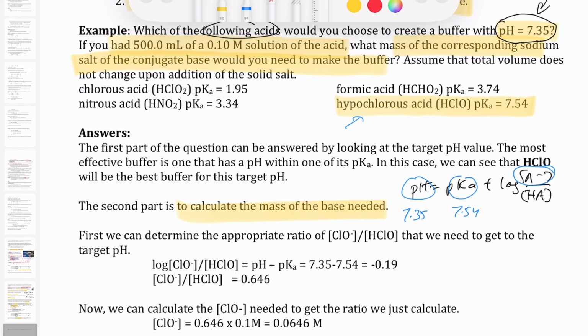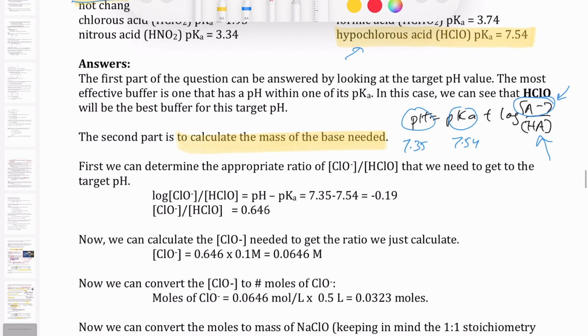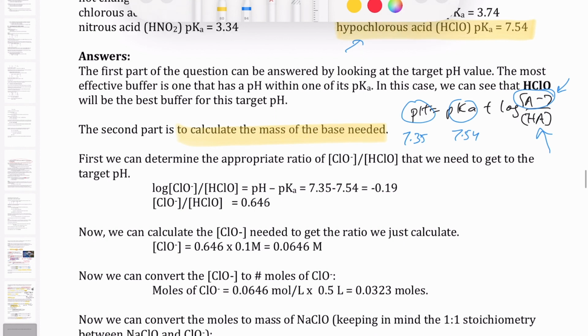I need to figure out how much A minus I'm adding because that's what it's asking, the corresponding sodium salt of the conjugate base. I know how much acid I have. That's given in the question, 500 milliliters of 0.1 molar solution. So as you can see, the only unknown is A minus. So I can calculate that and then convert it to mass using the molar mass of that salt.